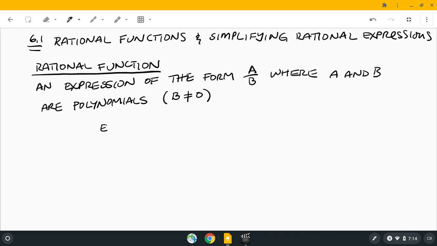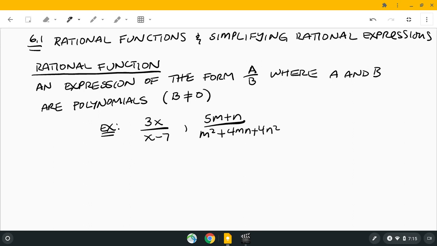Okay, here are some examples. There's an expression. There's another expression. Okay, so that's a rational function. Here's another one. 5m plus n, that's an expression, and m squared plus 4mn plus 4n squared.